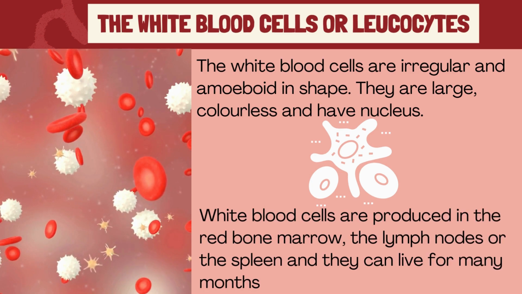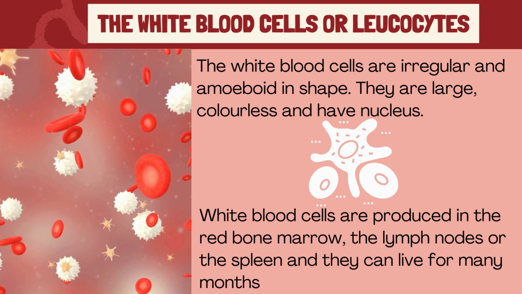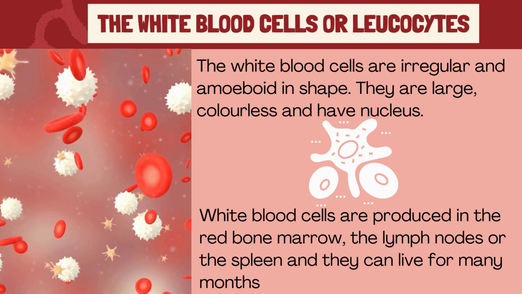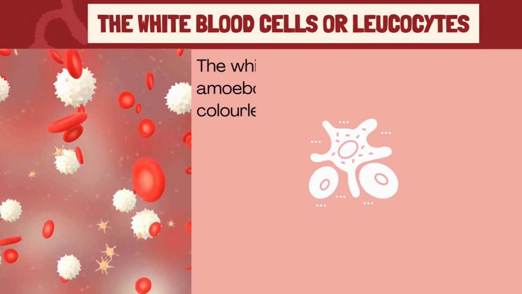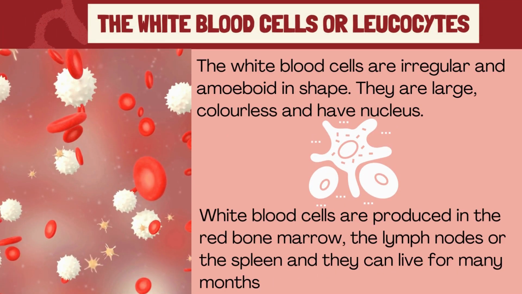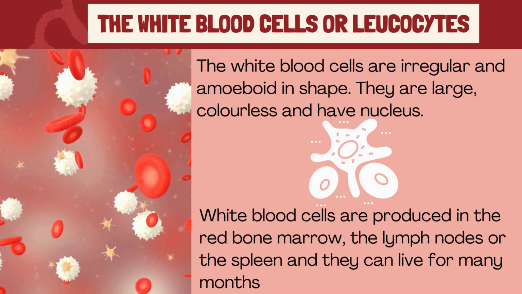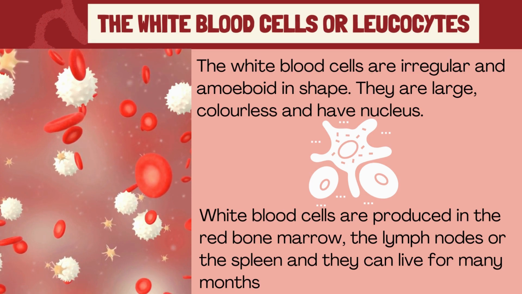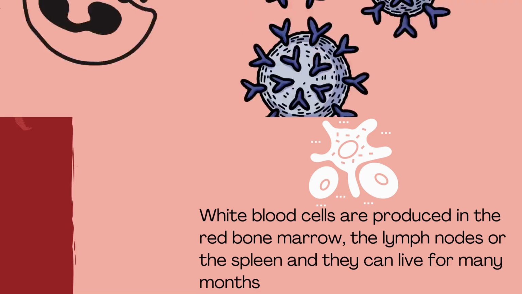There are about 5,000 to 10,000 white blood cells in 1 cubic millimeter of blood. They are made in the red bone marrow and the lymph nodes, including the spleen. White blood cells can live for many months before they are destroyed.